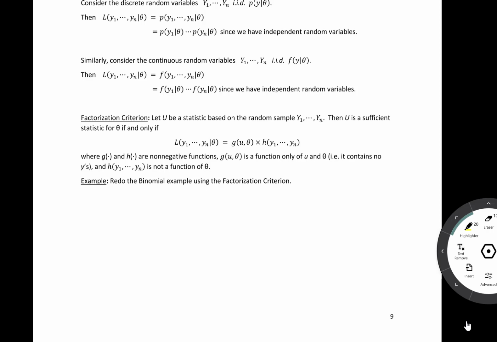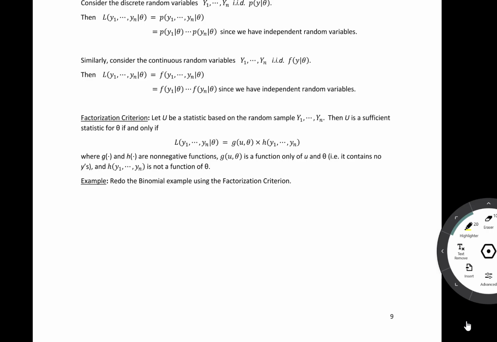If we let U be a statistic based on the random sample Y1 through Yn, then U is sufficient if and only if the likelihood can be separated as the product between one function that depends on U and theta and one function that only depends on the rest of the sample.